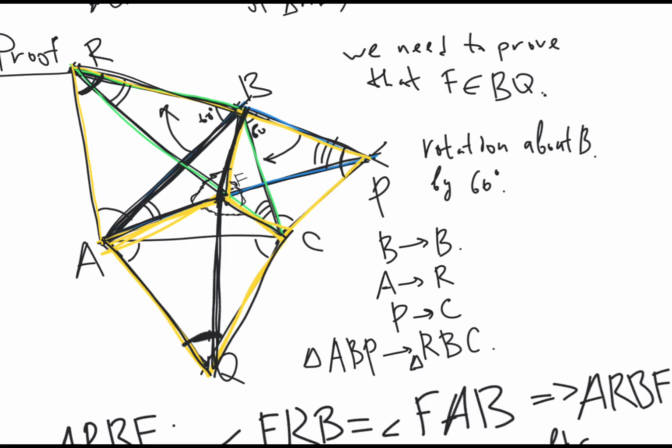We don't yet know if they are on the same line. So we draw this segment, and because this third yellow quadrilateral is cyclic, we conclude that this angle is also 60 degrees because it is equal to this angle, right? Because these two are inscribed angles subtending the arc AQ in the circumcircle of this quadrilateral.